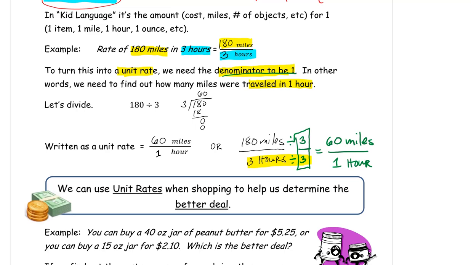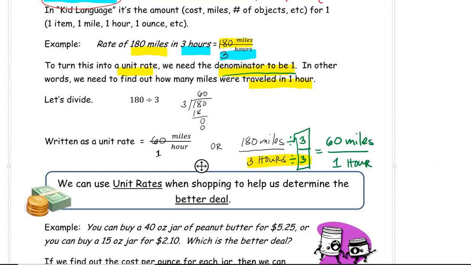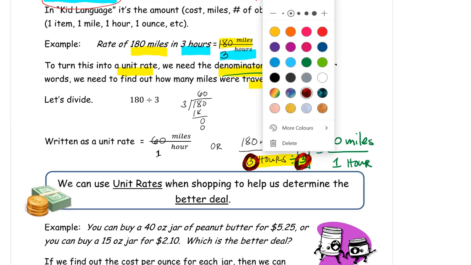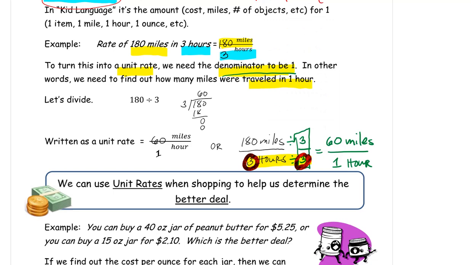Again, you will not divide it by 3 hours, but just the numerical value of 3. So this 3 here, you divide it by 3. Okay, so therefore the final answer is 60 miles in 1 hour.